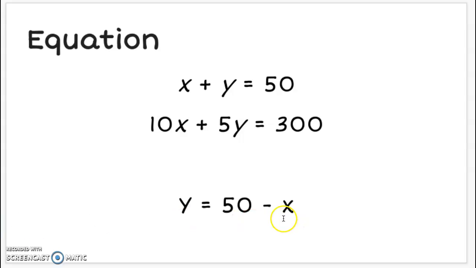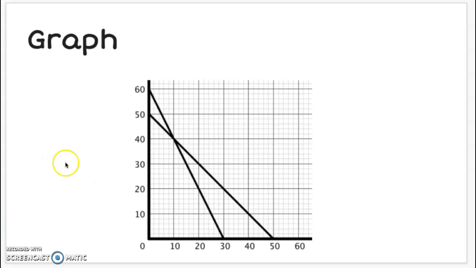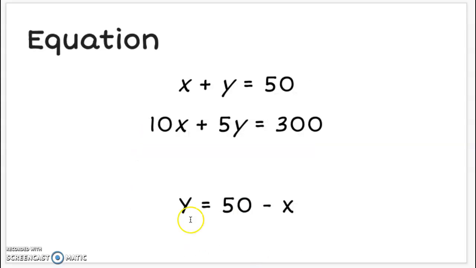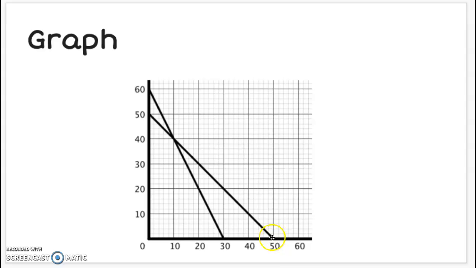And if we put in a 0 for y, we're also going to get a 50 for x. So we know that this graph is fine. This line is x plus y equals 50. And your rate of change right here.